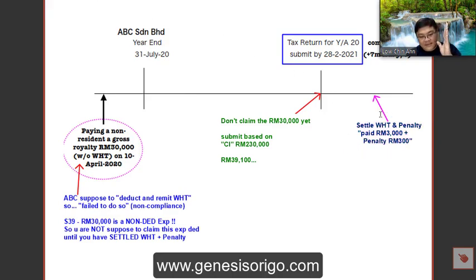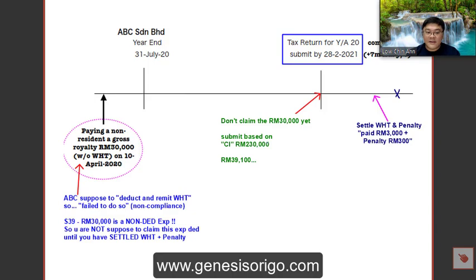So when I settle everything already, then you tell the client, okay, now you can claim. But you already said you don't claim. So what we're going to do is, right after everything has been settled, we tell the client, we will now make an application for you to amend the tax return for the government to return the money to you.